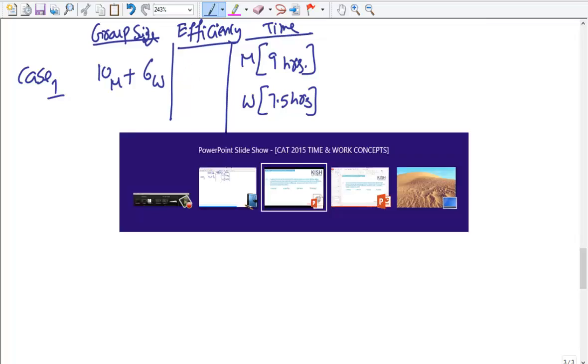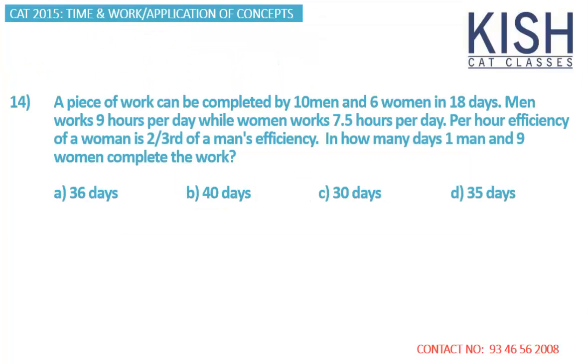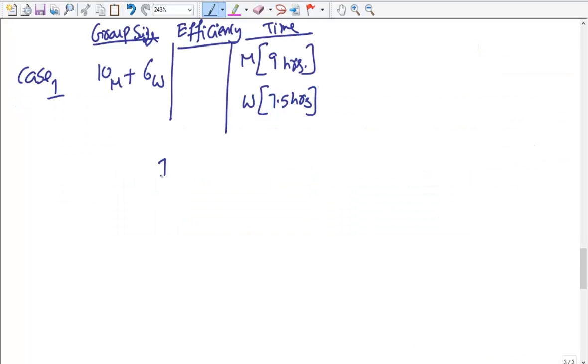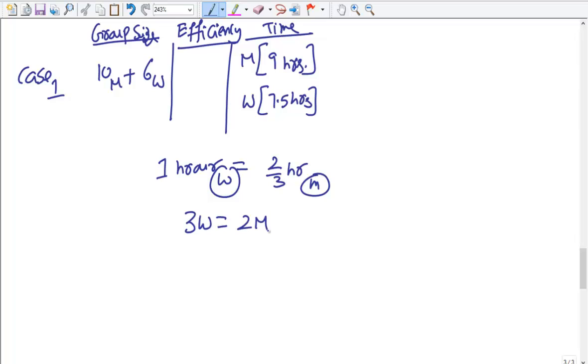Now, the simple thing. The per hour efficiency of a woman is two-thirds the efficiency of a man. So 1 hour of a woman is equal to two-thirds hour of a man. Then we can directly say 3 women equal 2 men.